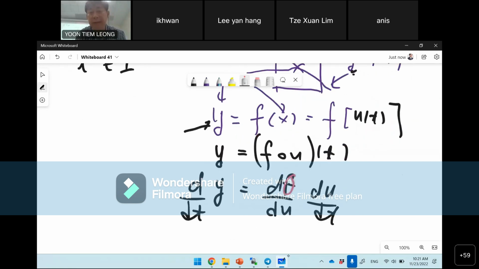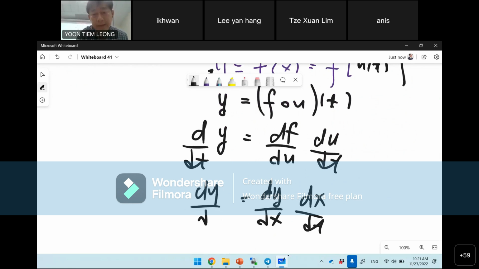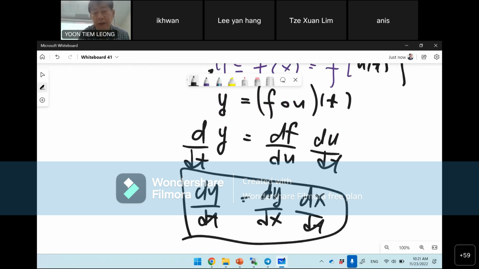So here I'm replacing f by y, u by x. So here you then have dy dx, dx dt. Okay, so dy dt is then given by this relationship, which relates the dy dx of the point P on the parametric curve.